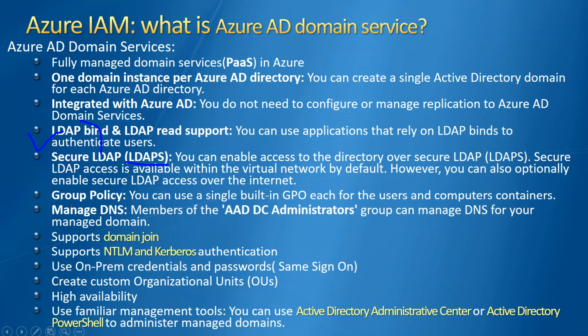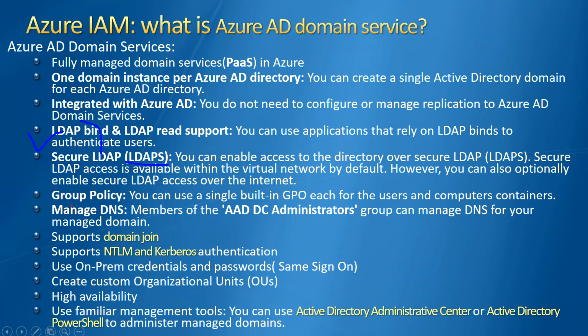It also supports group policy. If you have worked with an on-prem domain controller, I started working with Active Directory somewhat with Windows NT, but from Windows 2000 onwards. So from Windows 2000 onward, even in Windows NT, you also have the group policies.